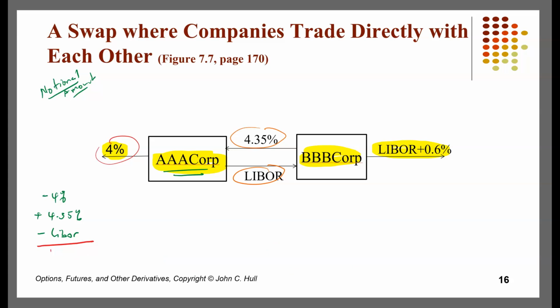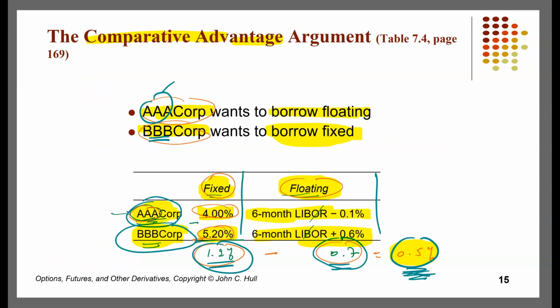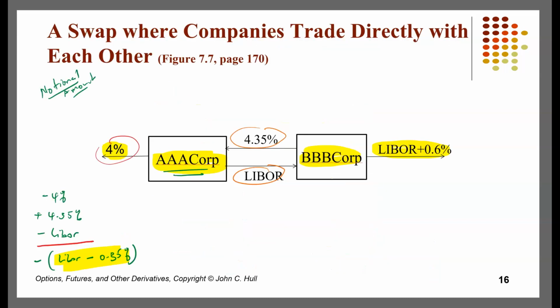So here what we have is minus LIBOR minus 0.35%. That's the net outflow for AAA. Now, what was the offering that AAA had in the floating rate market? AAA was offered LIBOR minus 0.1%. And so by entering into the swap agreement, AAA is essentially saving 0.25%.